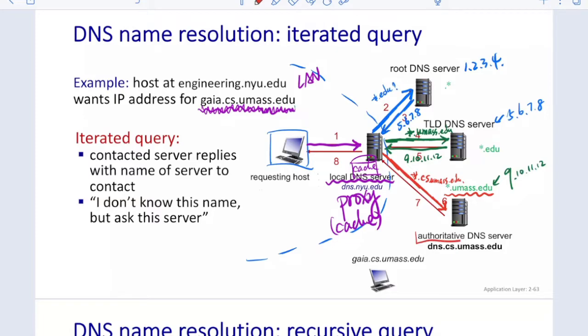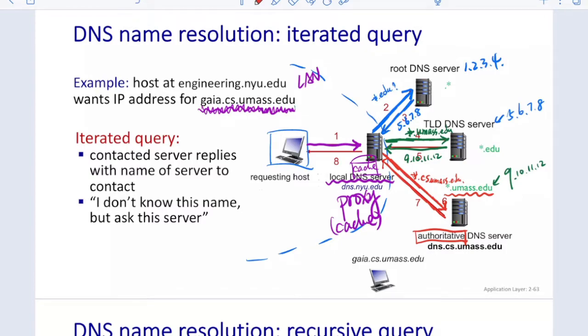So if this specific DNS server is indeed the authoritative name server, the response will say, you don't have to ask any others because I'm the last DNS server in this hierarchy. So simply ask me your question. I am the authoritative name server. I can resolve any .umass.edu.